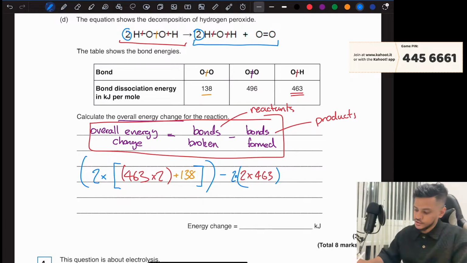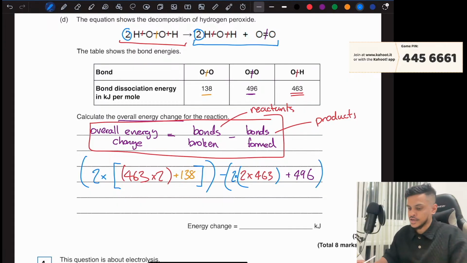We've got oxygen here. What are we using for oxygen? We're using purple, right? So 1 oxygen here. Oxygen is 496. So we're going to add 496 to this. And let's put all of that in brackets. Put that all in your calculator and you should get the right answer from that.